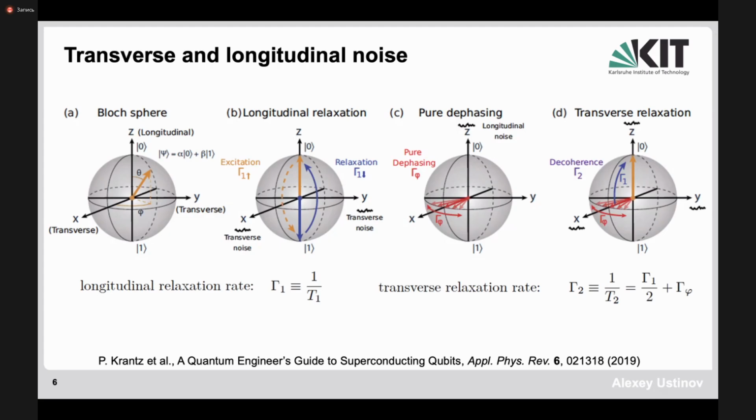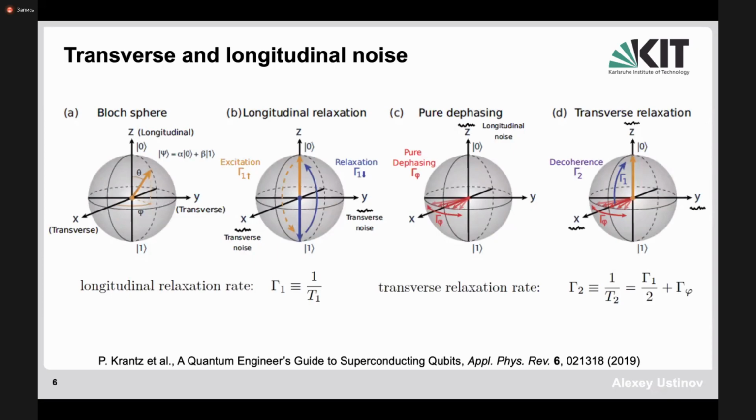And if this happens, even in the absence of relaxation, the state of the system is not preserved. So basically you will be making a kind of diffusive motion along the equatorial plane. So the rotation around the z-axis will then be the dephasing process.